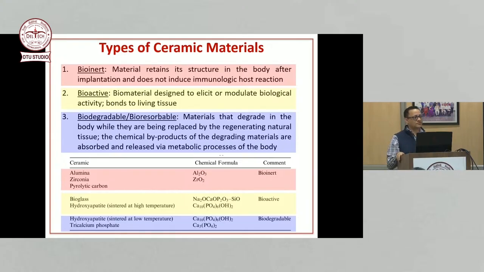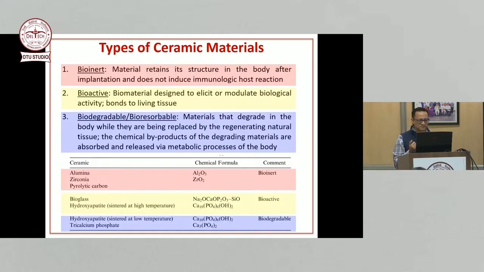A lot of times for biodegradable materials, the goal is that slowly the material degrades and the tissue is growing. But you want the speed of degradation and tissue growth to be very similar or matching. You don't want the degradation to happen so fast that tissue has not grown.